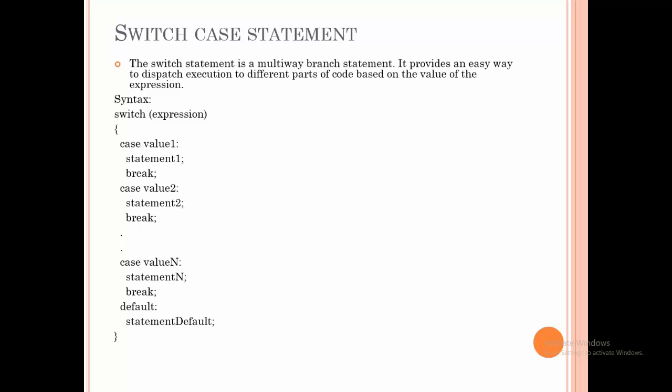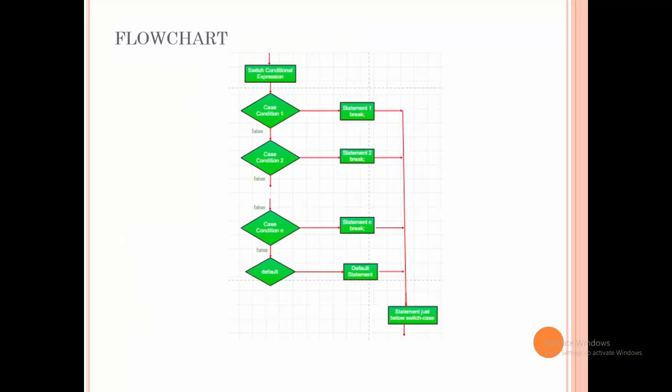So let's see the flow of switch case statement. So switch conditional expression. So that is the condition I want to check. Then we have case 1, case 2 and case n. Then we have a default part.